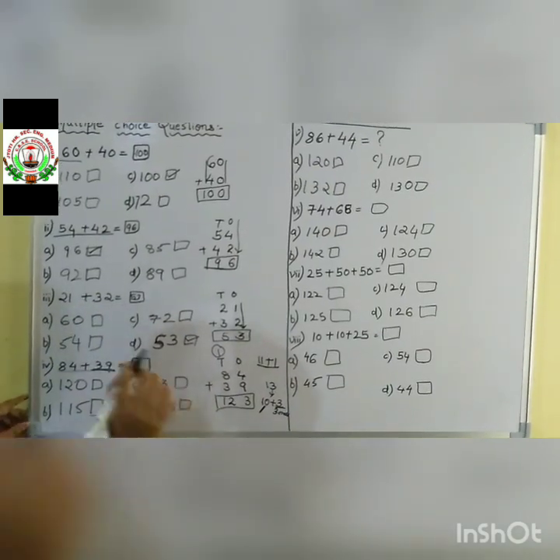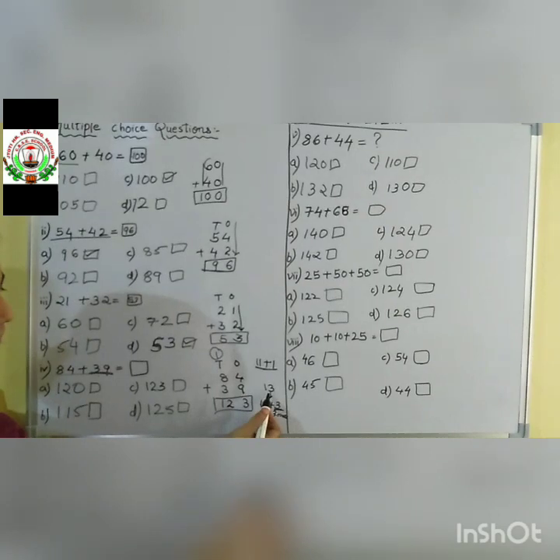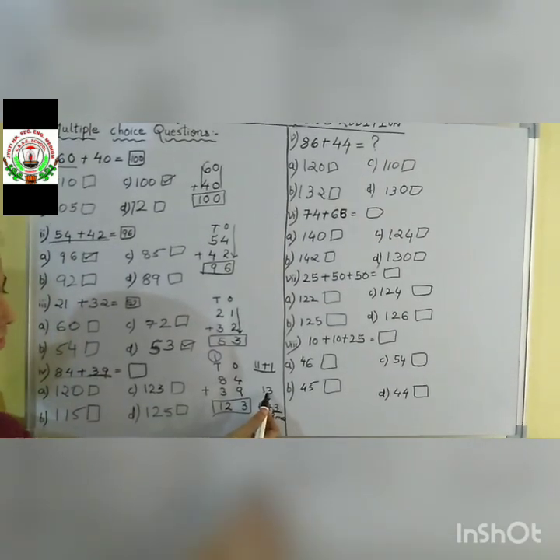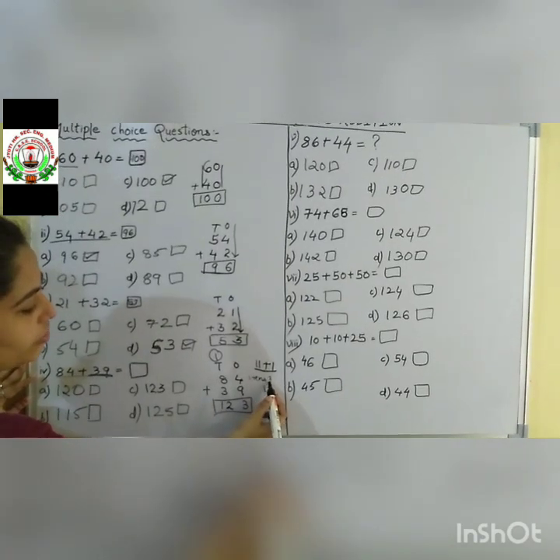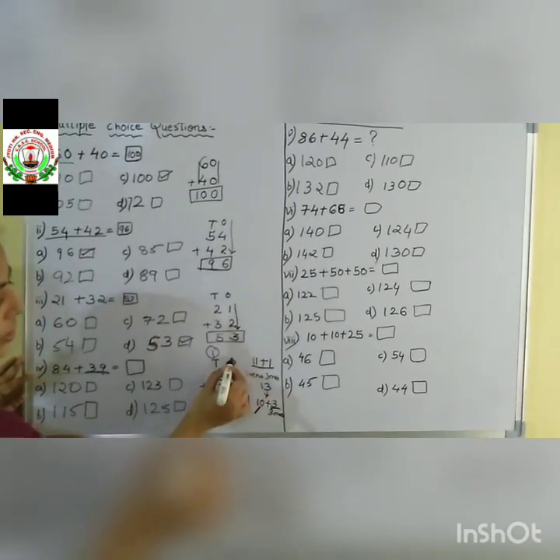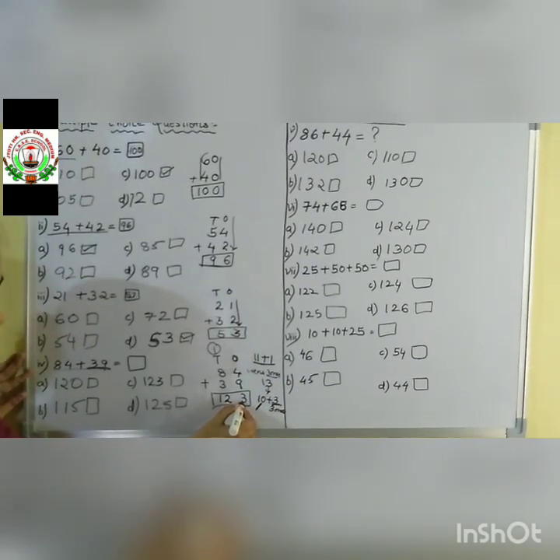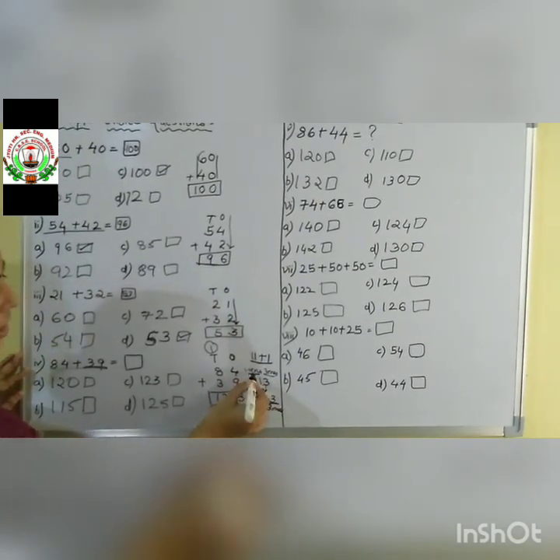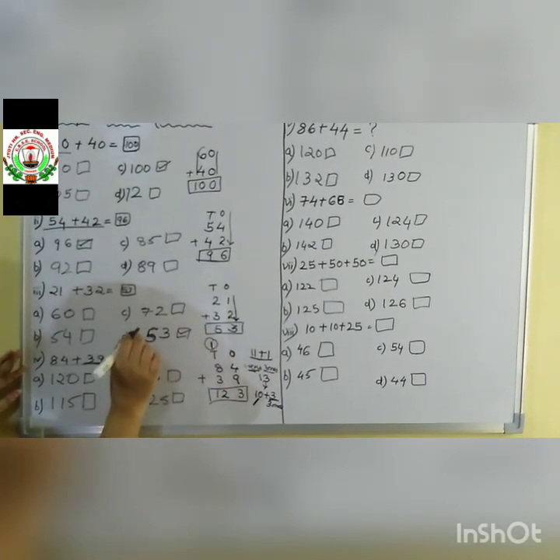Okay children, I am repeating again. First do addition 4 and 9. We get the answer as 13. This 13 is 1 tens and 3 ones. So this is of the ones column. So this 3 will come under the ones column and this 1 tens will go over the tens place as carryover. Okay.